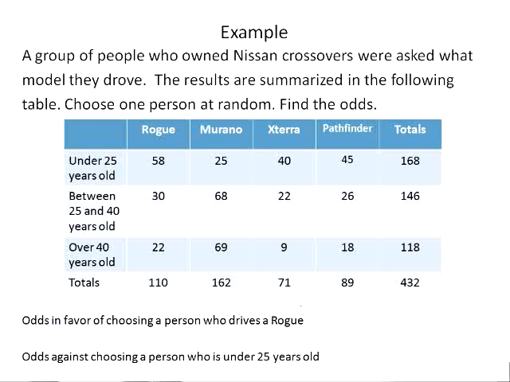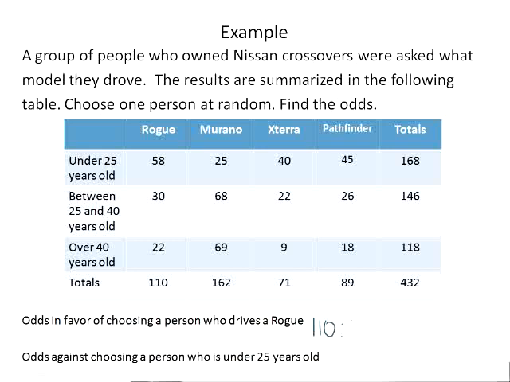Okay, our next example refers back to the table of data for a group of people who owned Nissan crossovers. The results are summarized in the table. We're going to choose one person at random, and we're going to find the odds. Now we're finding the odds in favor of choosing a person who drives a Rogue. So how many outcomes are there for a person who drives a Rogue? Well, looking at the table, there are 110.